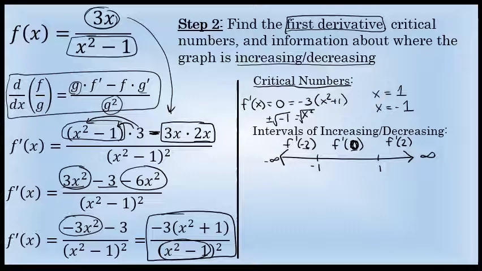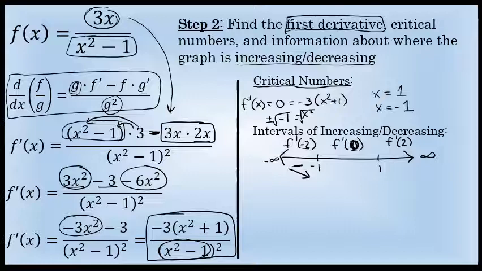And if you get a negative number, that indicates that the function would be decreasing over the entire interval. It's not important what f prime of -2 is exactly. It's just important if it's positive or negative. And in this case, if you substitute a negative 2 for x, you'll get a negative value, which indicates that the function would be decreasing from left to right, going down from left to right.